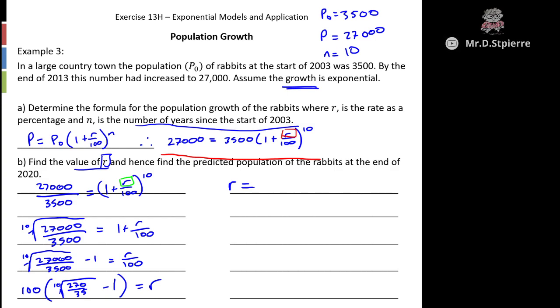Oh, that's what I did, the square root. I need to do the 10th root. Okay, 10th root of 270 divided by 35.